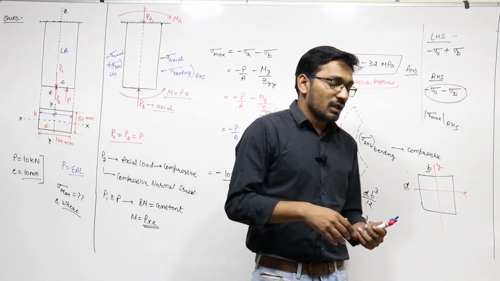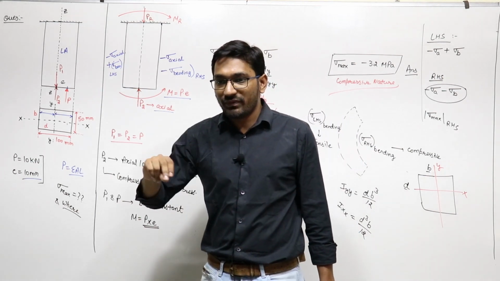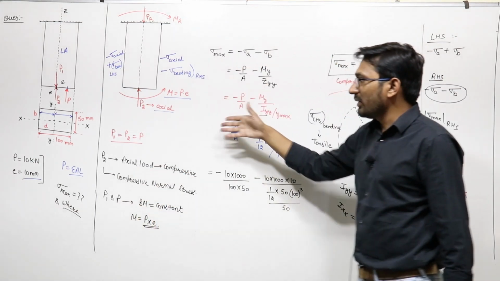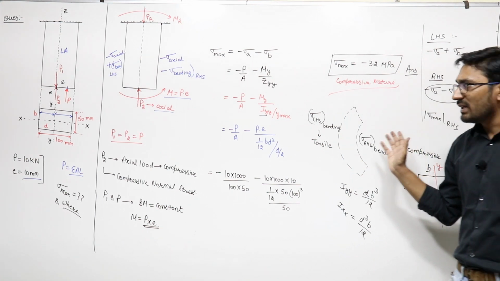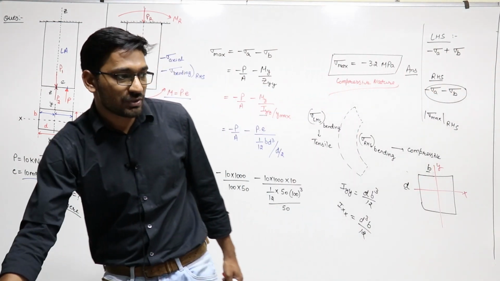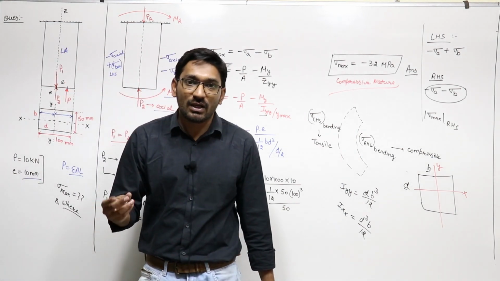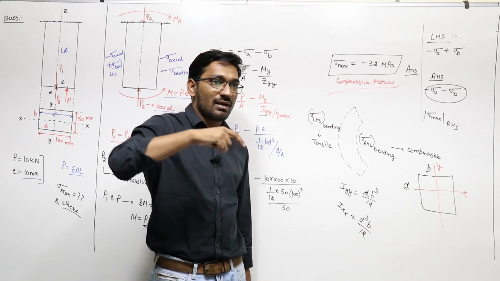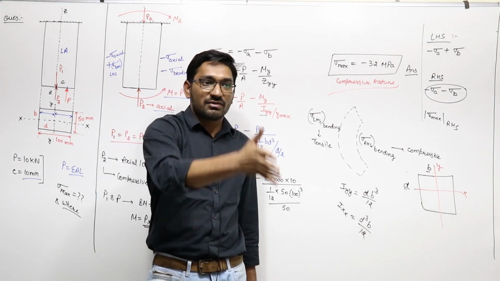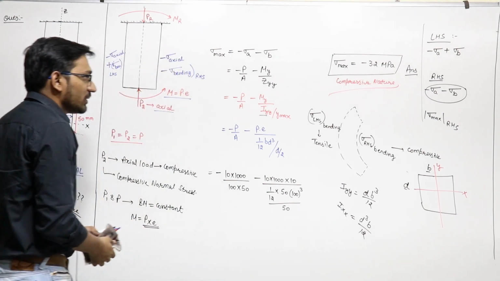Now, as a form of shortcut, this is for your engineering services, this is for your conventional approach. We can do this as a conventional approach, but in GATE exam the most important is your time management, how to just identify at which fiber the stress will be maximum and just do the calculations. There is a shortcut for this also, right?